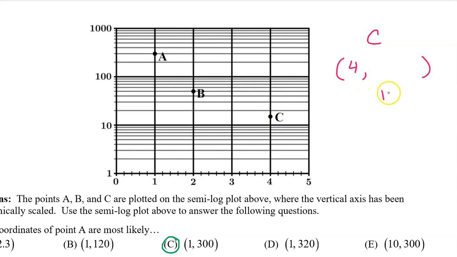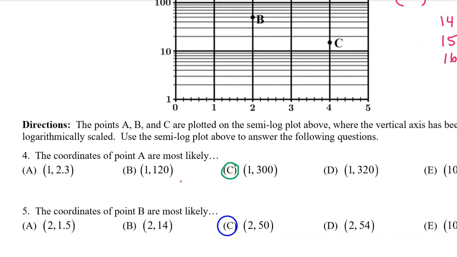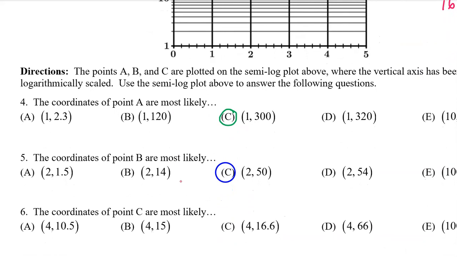So maybe it's 14, maybe it's 15, maybe it's 16, something between 10 and 20. As we look down at the answer choices, we actually see 2 values that fit this description, and they're pretty close together. So we have to be careful to decide whether the answer is B or C.